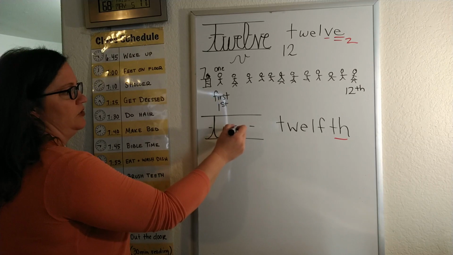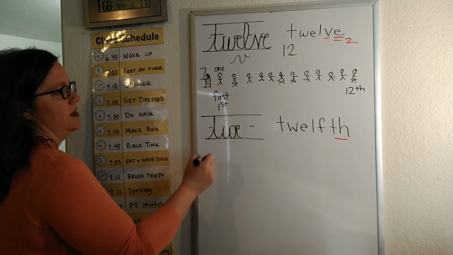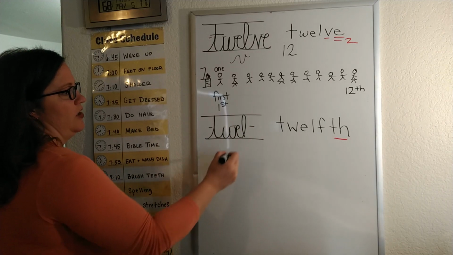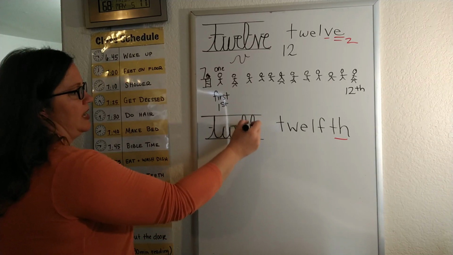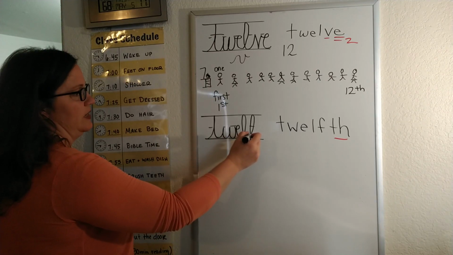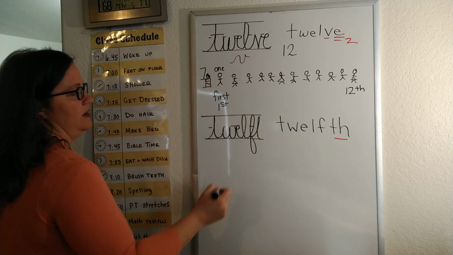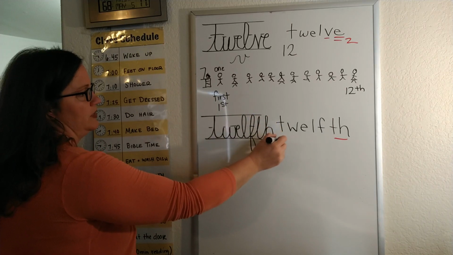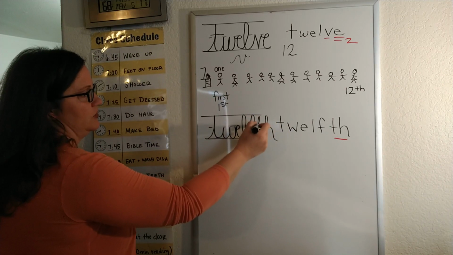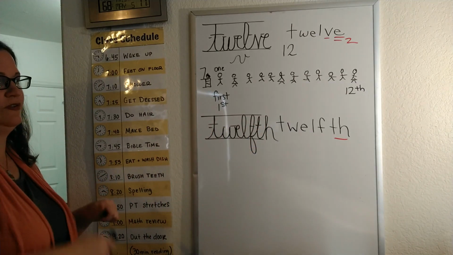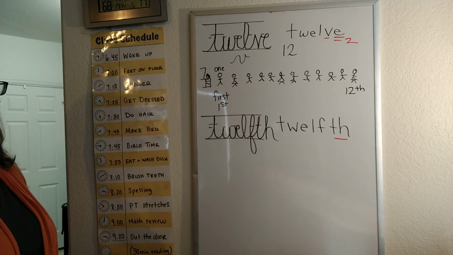Your E is a little loop, back to baseline. Your L is a big loop up top, back to baseline. Your F is a loop up top, loop underneath, back to baseline. Your T is an uphill, back to baseline. And your H is a loop up top, straight down, bump with a tail. Pick up your pencil and cross your T. Cross your T. 12th.